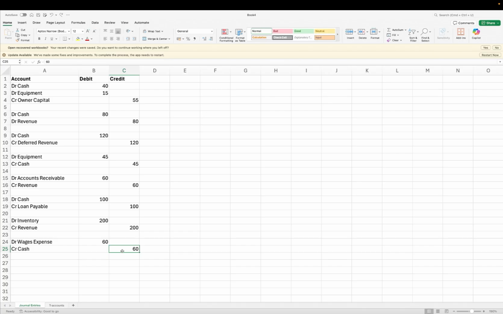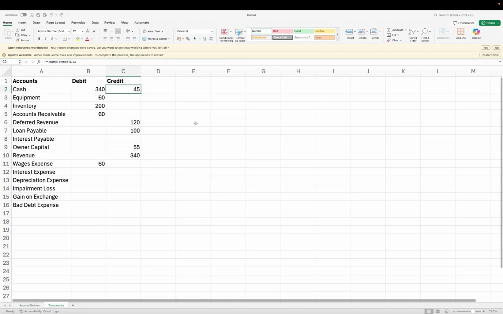Cash is an asset account, and when an asset decreases, it is recorded with a credit. Since the company paid the warband 60 loot, the cash balance decreased by 60. Great.